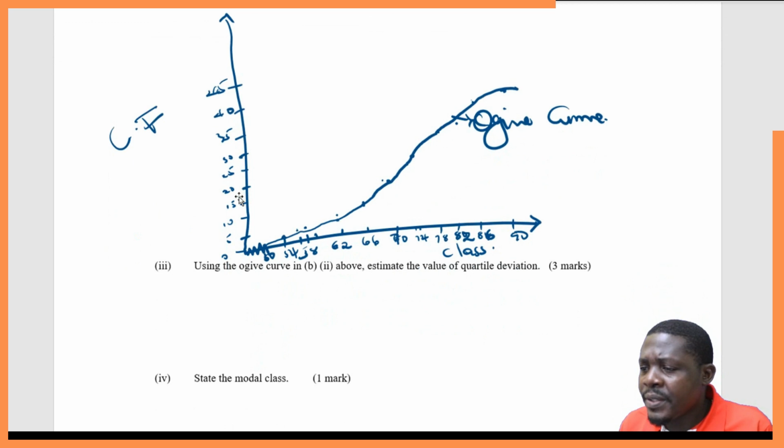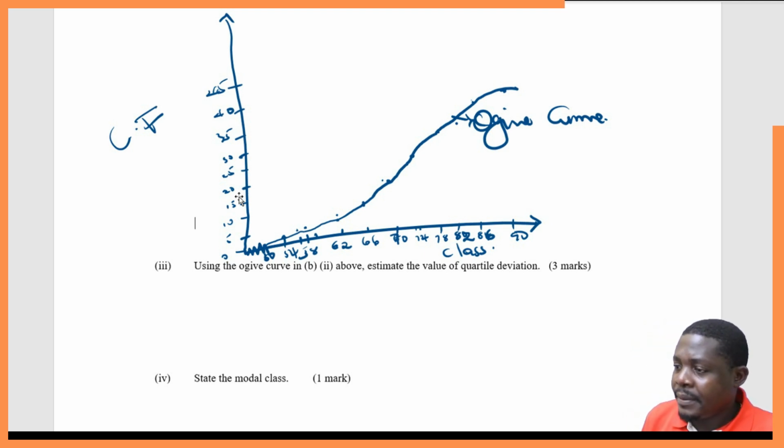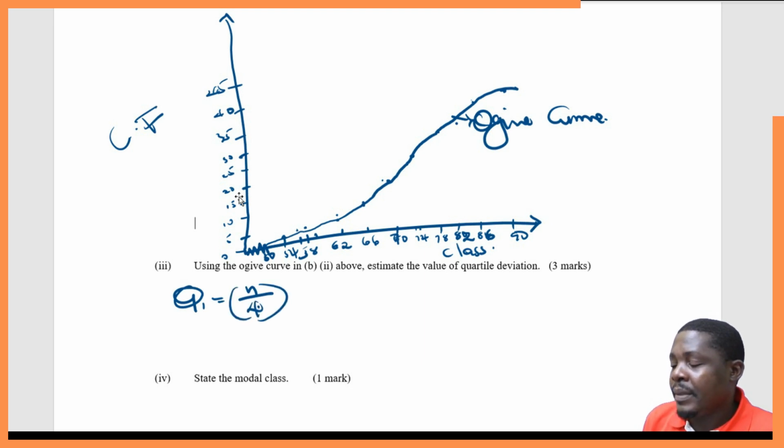Then they said that using the ogive graph in Roman part B, Roman 2 above, calculate a quartile. Now how do you get a quartile? We shall say that we must divide the items into 4 equal parts, whereby the quartile position is equal to n divided by 4.